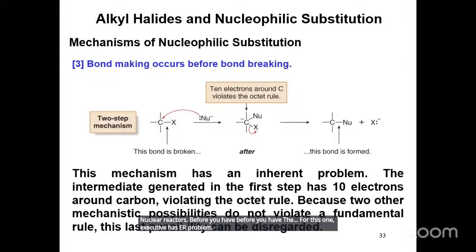The intermediate generated in the first step has 10 electrons around the carbon, which violates the octet rule. As a result, this particular possibility is abandoned.